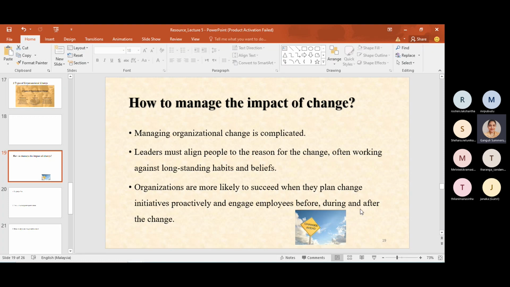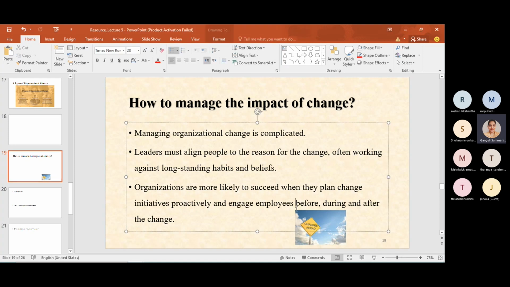And as leaders, the leaders in the company should manage their employees before, during, and after the change. So when a change is happening inside the company, there are three stages. Before the change happens, during means while the change is happening, and after means after the change has happened.